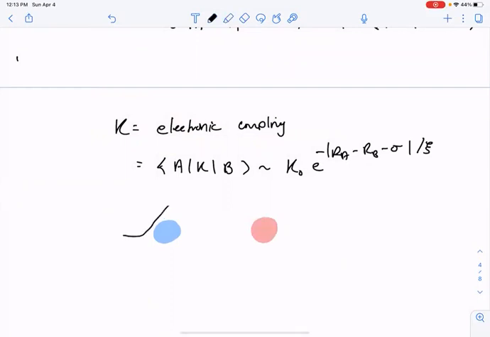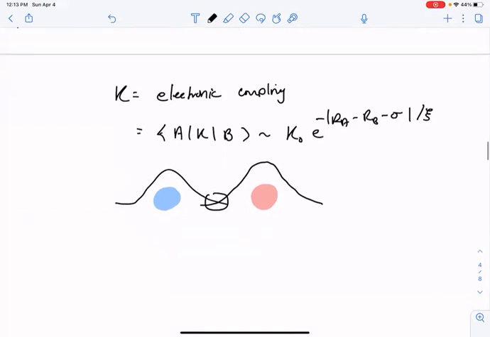If the electron is over here, ooh, that's terrible. Let's move that center. There's some distribution of electron density. Analogously, there's some distribution of electron density if it was over there. That overlap is essentially what's giving us the tunneling element for the electron to move between the two.